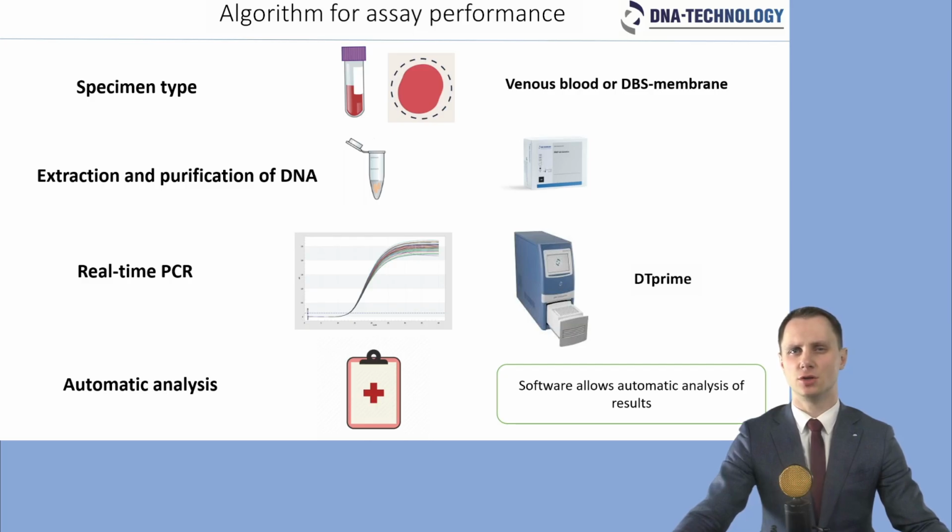Isolation and purification of DNA is carried out from the venous blood or dried blood spot using the respective extraction kits. After DNA purification, mutations are studied using the PCR-based kit on the DT thermal cycler. The software automatically evaluates the results and prepares a detailed report.